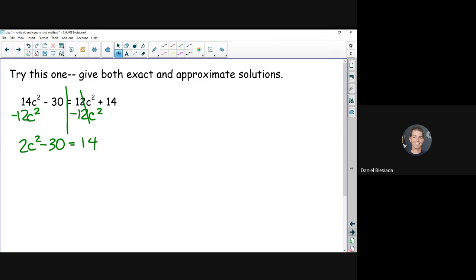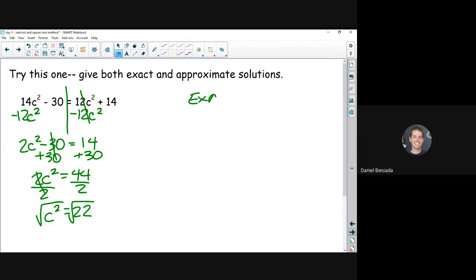I would add 30 to both sides. And divide by 2. Giving me c squared equals 22. This question does ask me for both the exact and approximate solutions. And based on that, 22, of course, not a number I can take the square root of.